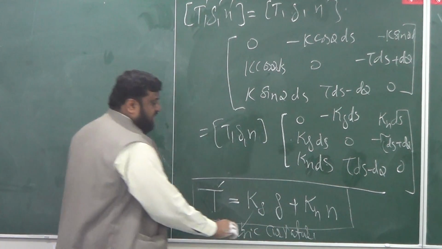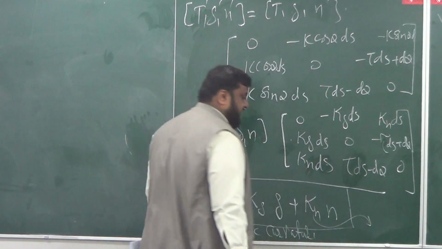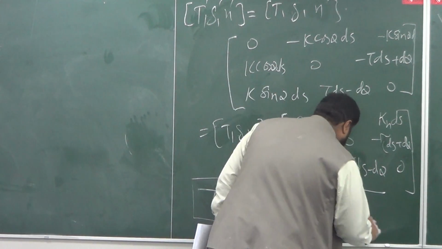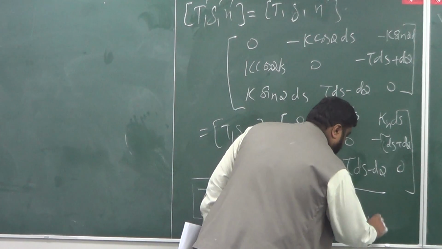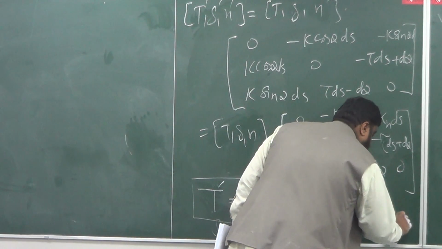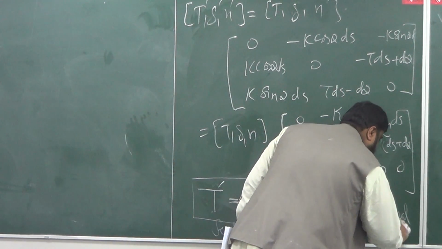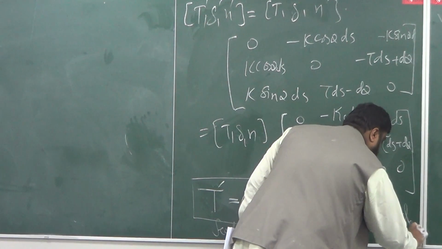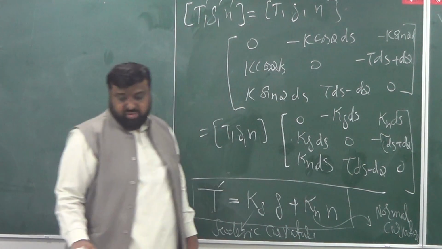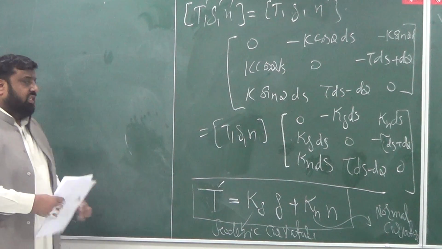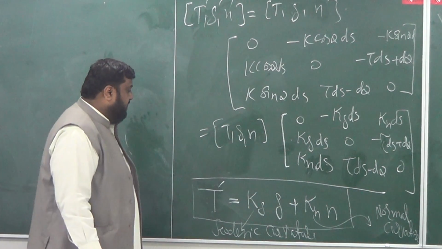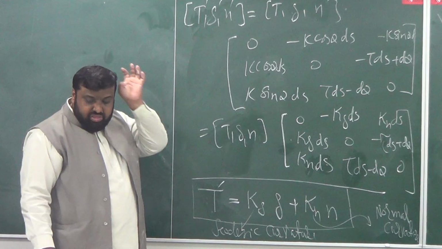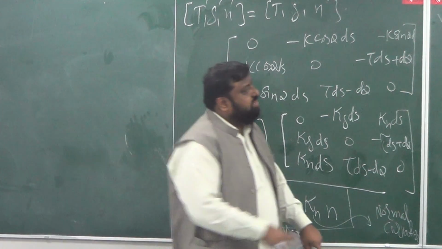And this guy kn is the normal curvature. So what is this equation telling you? Think about it. Where is T prime going to lie? In, for example, this picture.